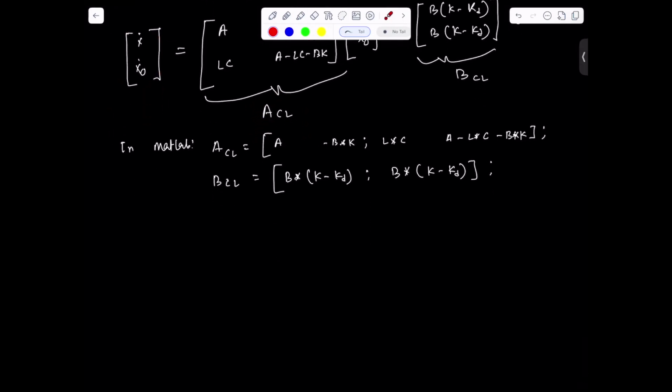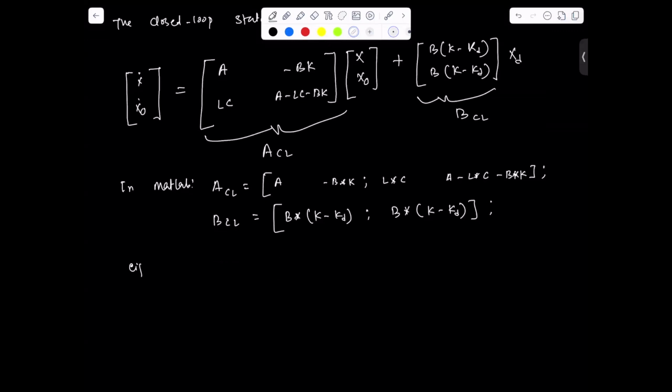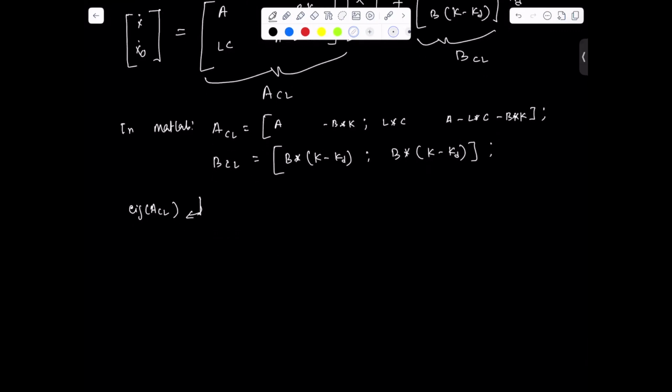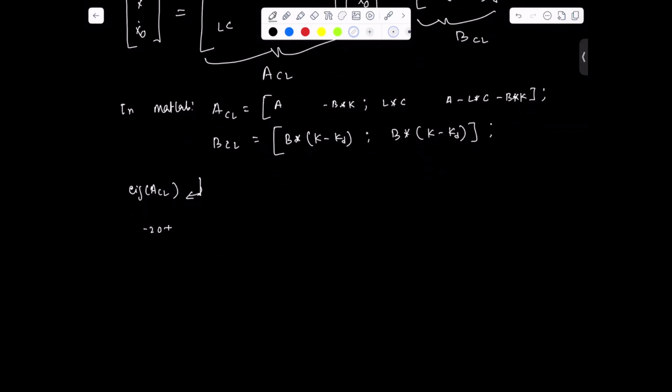Let's now check the eigenvalues of ACL. If you enter this in MATLAB, we have minus 20 plus minus 20i, minus 10 plus minus 10i, minus 7.853 plus minus 7.853i, and minus 7.853 plus minus 3.252i.